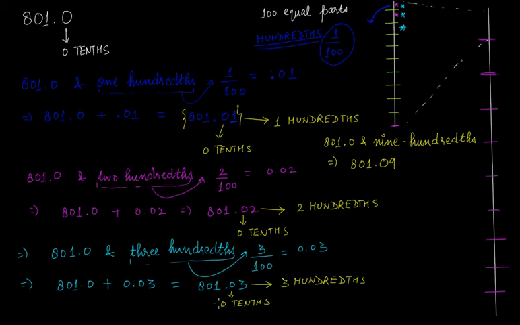That's the way we did here. It means that you have 0 tenths, but now you are having 900ths.